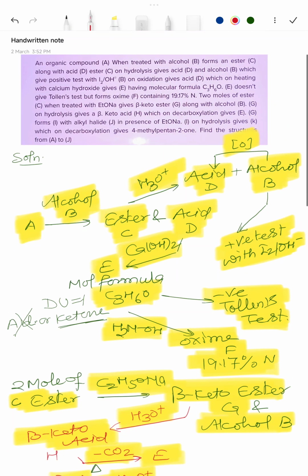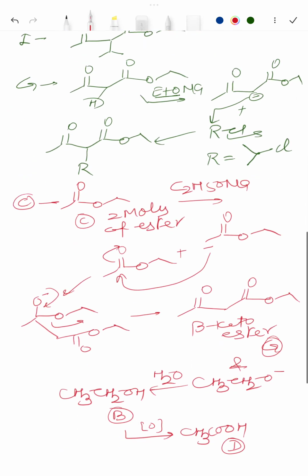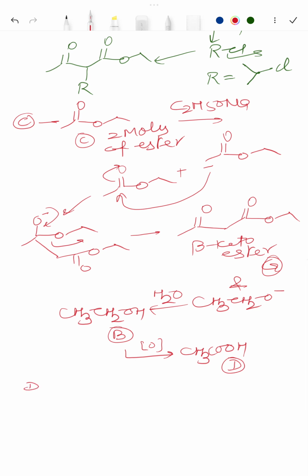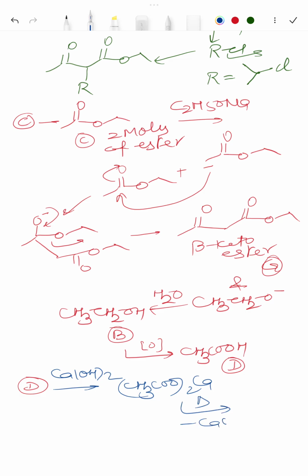Now when D reacts with calcium hydroxide, the compound (CH3COO)2Ca will form, which on heating releases calcium carbonate and CH3COCH3.